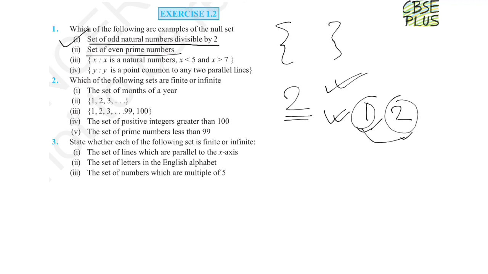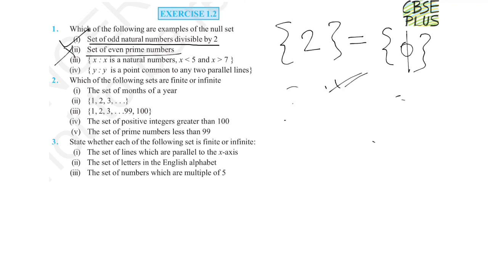So here this set is {2}, but this set is not equal to the set consisting of phi, so this is not a null set.